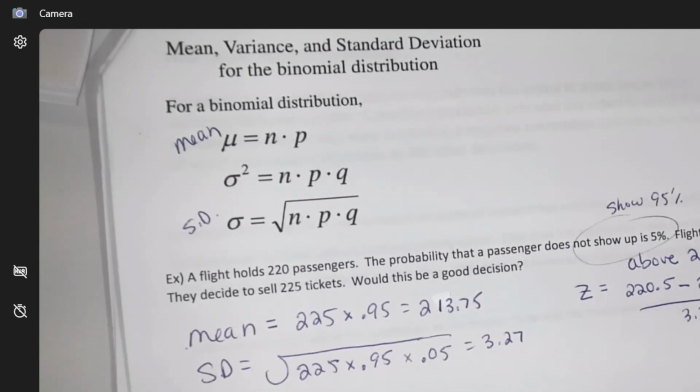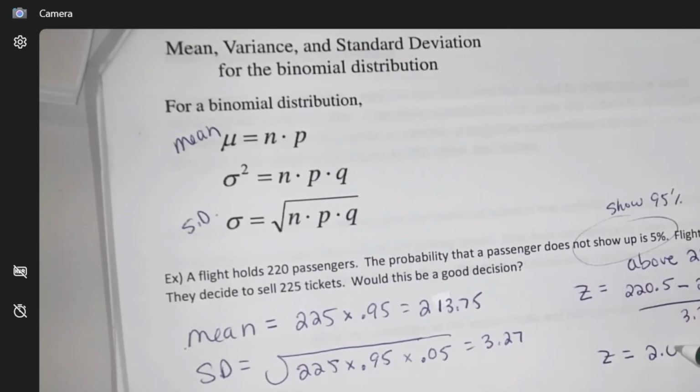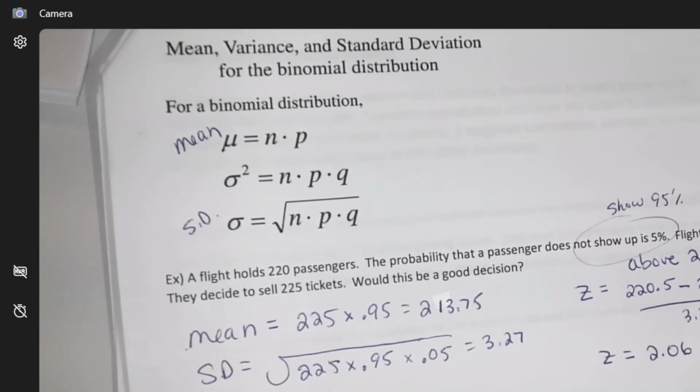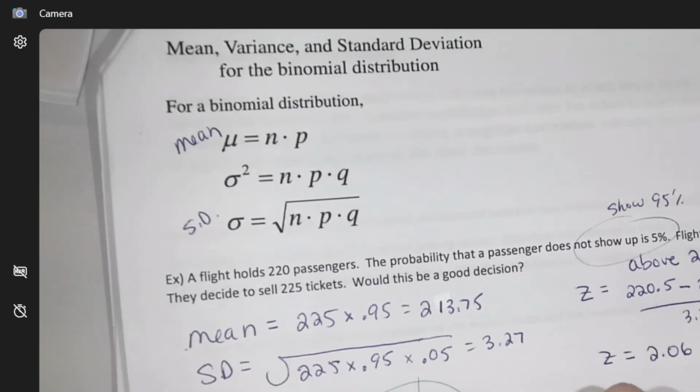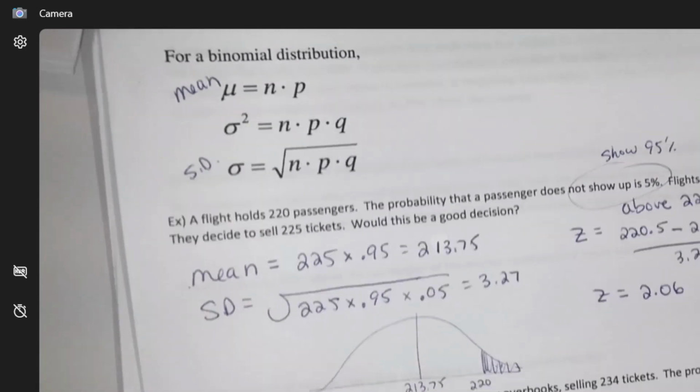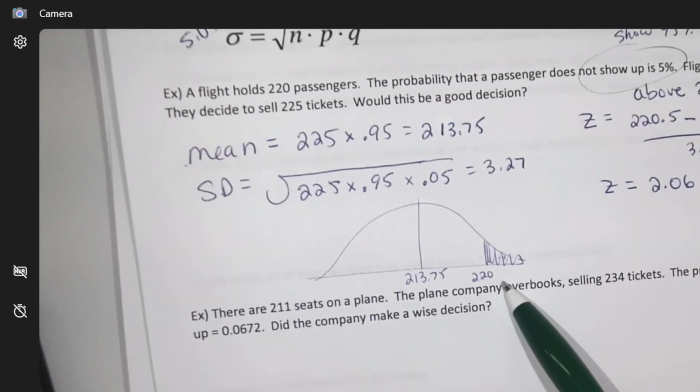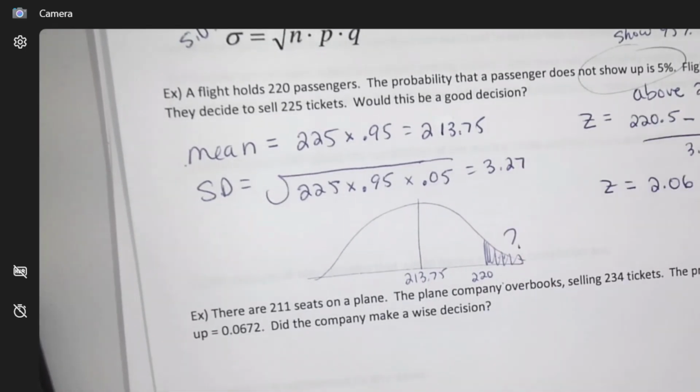So getting a z-score, I'm trying to figure out the likelihood that I'm going to oversell this plane.